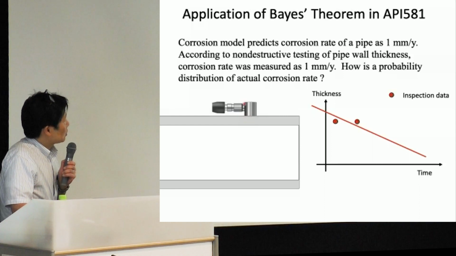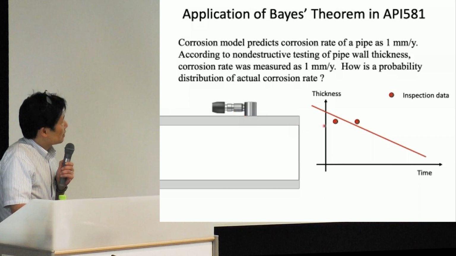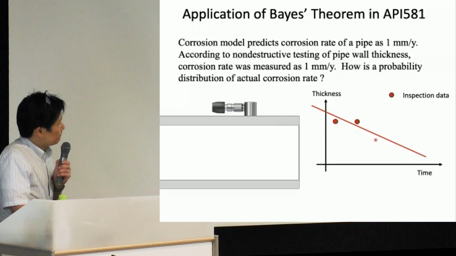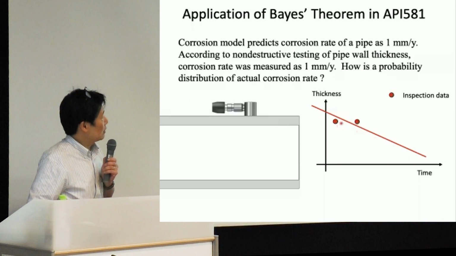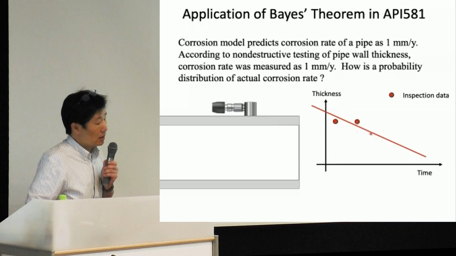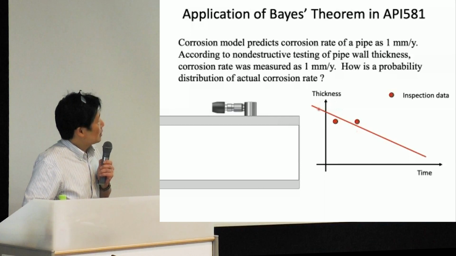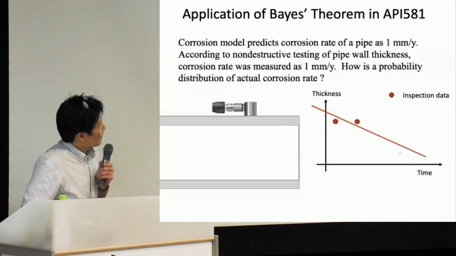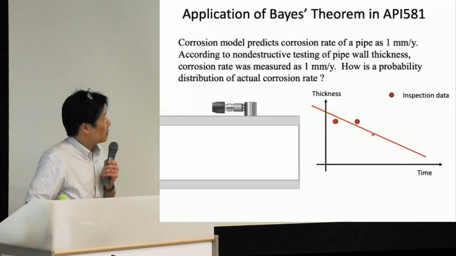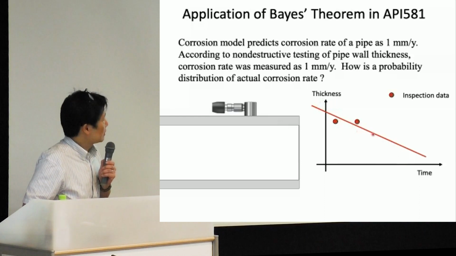By ultrasonic testing, we can get the pipe wall thickness, and if we repeat the measurement, we can get the trend of thickness change like this. Then we can estimate a corrosion rate.